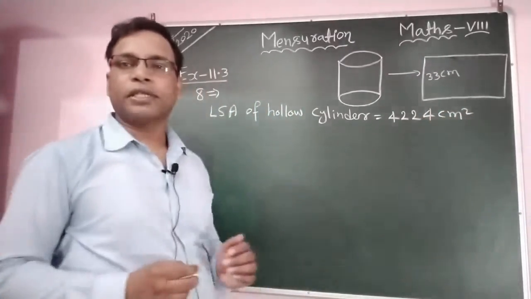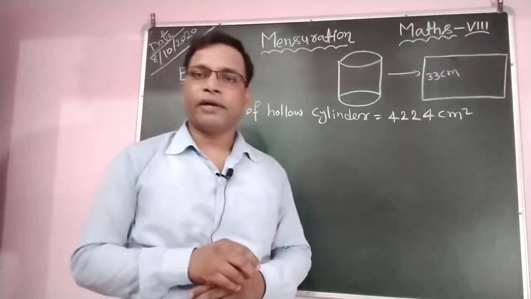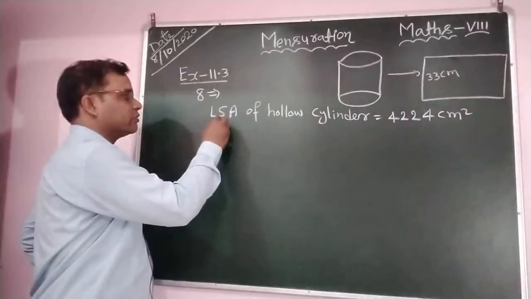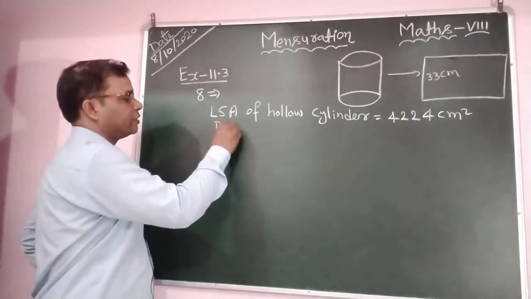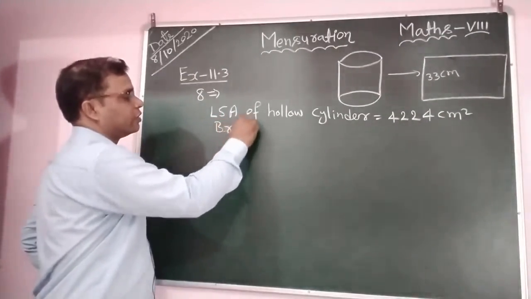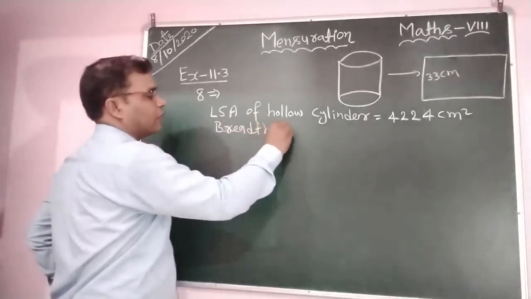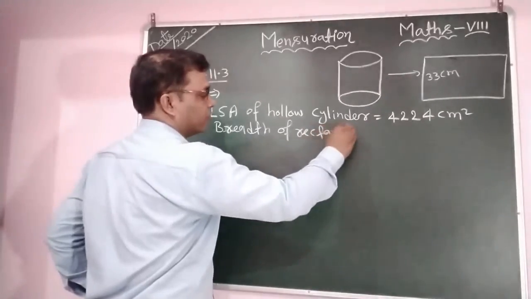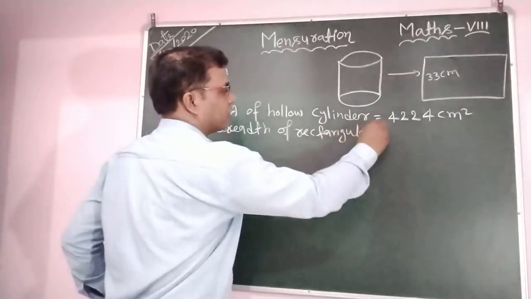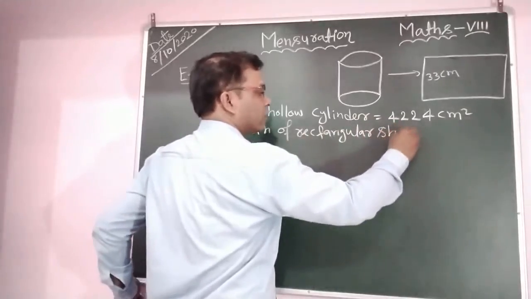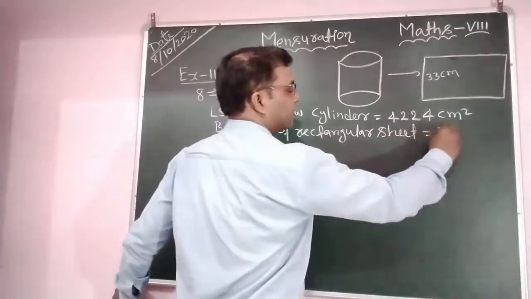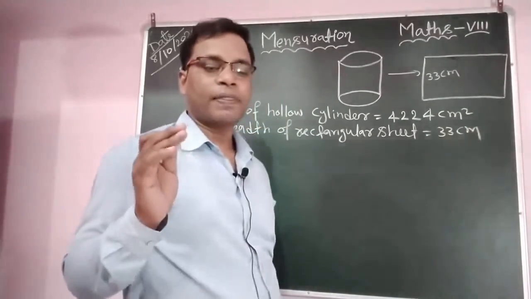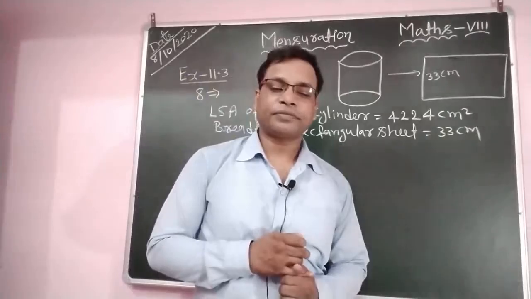Also given is the width of the rectangular sheet, 33 centimeter, because the cylinder is cut along its height.